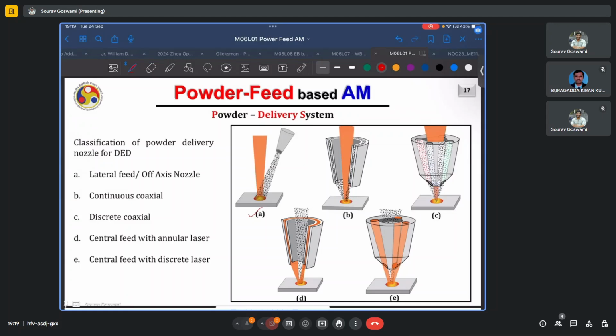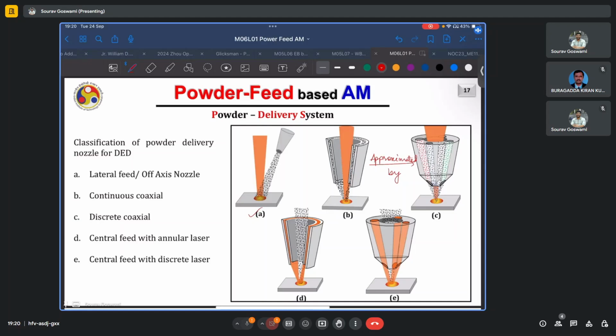This annulus converges on the melt pool on the focal plane on the substrate. An approximation of this is where rather than having this continuous coaxial type of hollow nozzle, you have some discrete nozzles which will be easier to implement but act in a similar fashion.